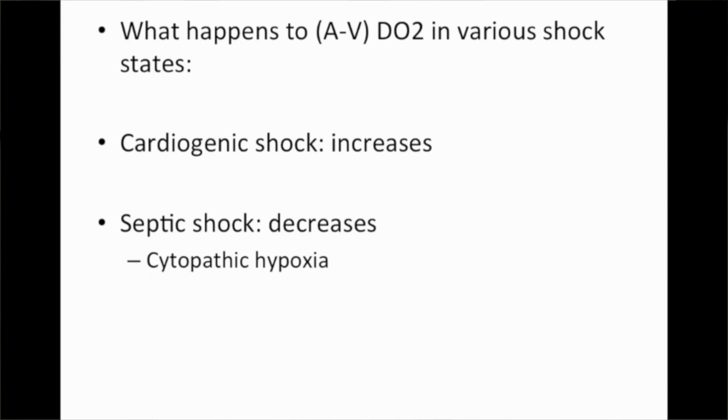In a similar fashion, in septic shock, one of the numerous derangements that can be seen is what's called cytopathic hypoxia. And that is describing that in septic shock, even if you may be able to deliver oxygen appropriately, the ability of the body to extract oxygen is not normal, and therefore the difference between the arterial and mixed venous oxygen saturation decreases.